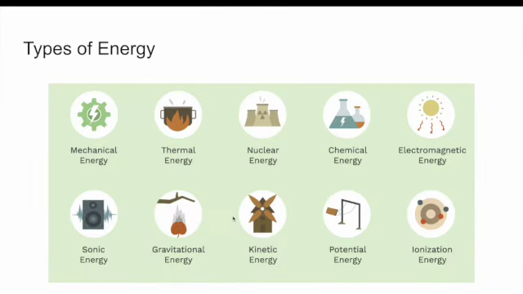So these are the types of energy we'll be looking at. Mechanical energy, this is a type of energy which is made up of other types of energies. So you combine them together to get this. Thermal energy, this just means heat. So if you light a campfire, then you've transformed some chemical energy into thermal energy.